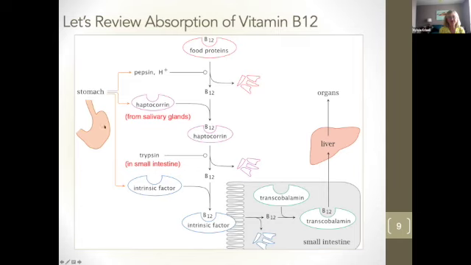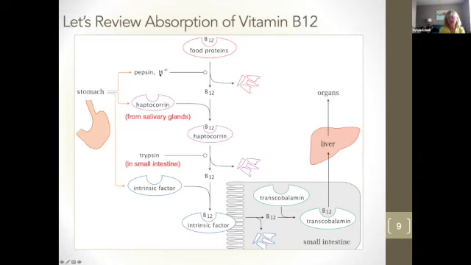Now this is the stomach, and it's showing you the secretions in the stomach. So you eat this, then this B12 plus the food protein gets into the stomach. If things are working properly, you've got your pepsin, you've got your hydrochloric acid, and you're fine at being able to break up B12 from its food protein.